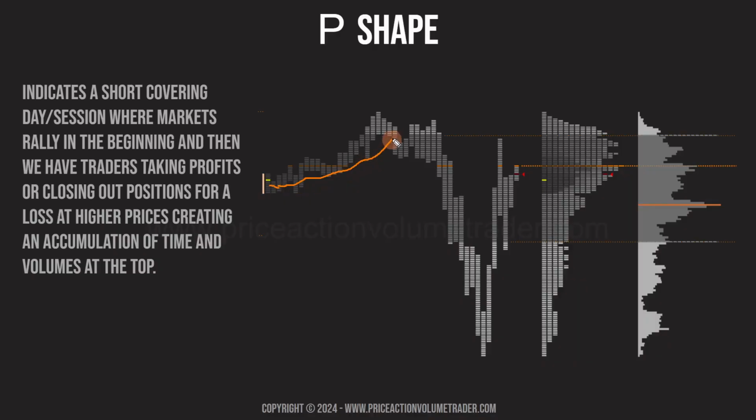started out with a rally up, then we had a very aggressive downtrend and dump. So then once we're at these areas, we're going to have traders that were short that are going to be closing out their shorts. So if you're short, the way you close your trade is to buy it back.